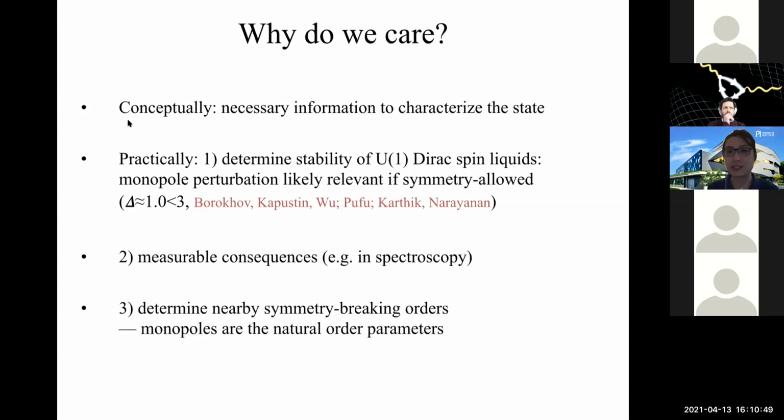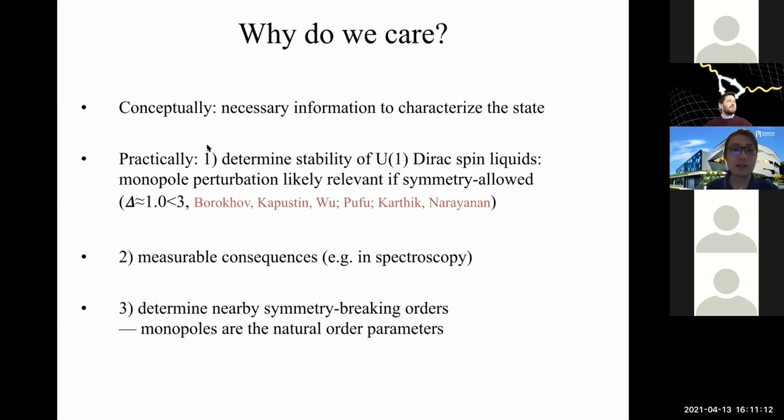I also have to specify how exactly the UV symmetry acts in my IR field theory. But more practically, the monopole symmetry properties determine quite a number of non-trivial things. Maybe the most important one is whether the Dirac spin liquid can even exist as a stable critical phase of matter.